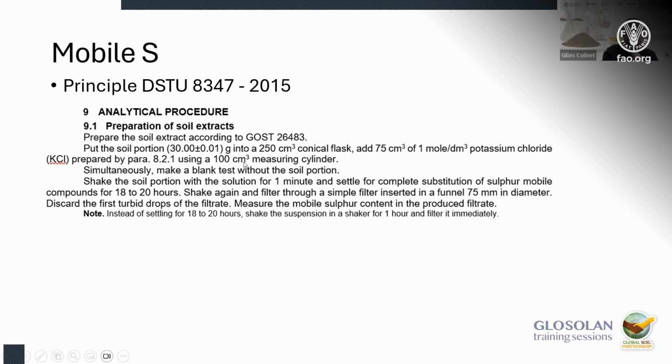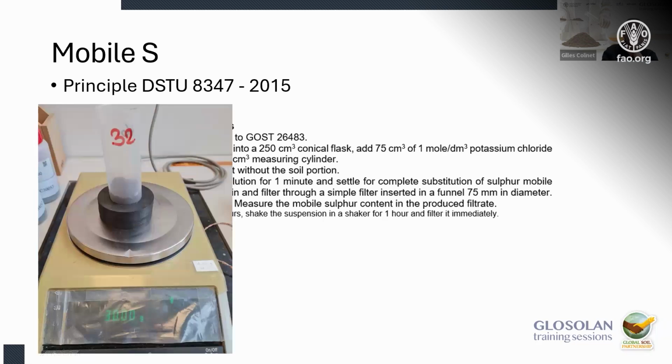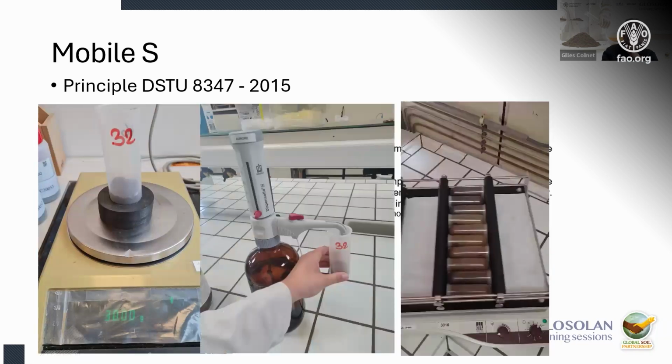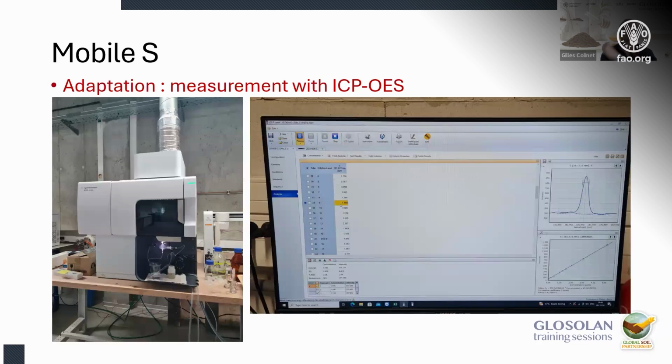You make a blank test, which is important, of course. You shake for 1 minute, you let it settle for the reaction for 18 to 20 hours, and then you shake again and filter. That was done by our technician. These are the different steps, except that for the measurement, we use the ICP-OES.